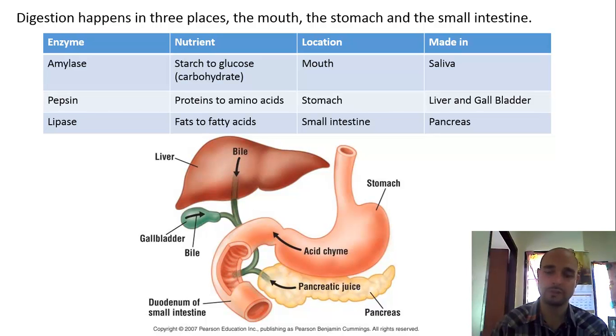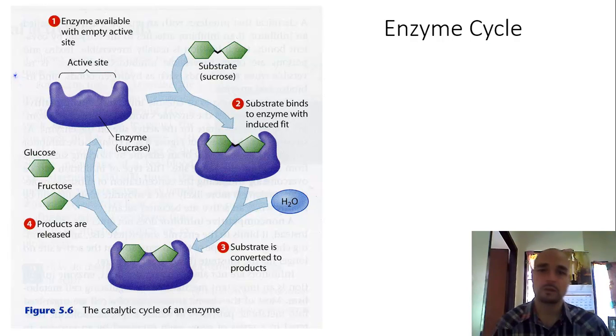Digestion happens in 3 places: the mouth, stomach, and the small intestine. Okay, this is the enzyme cycle. If you're going to break down a sugar called sucrose, the name of the enzyme is sucrase.